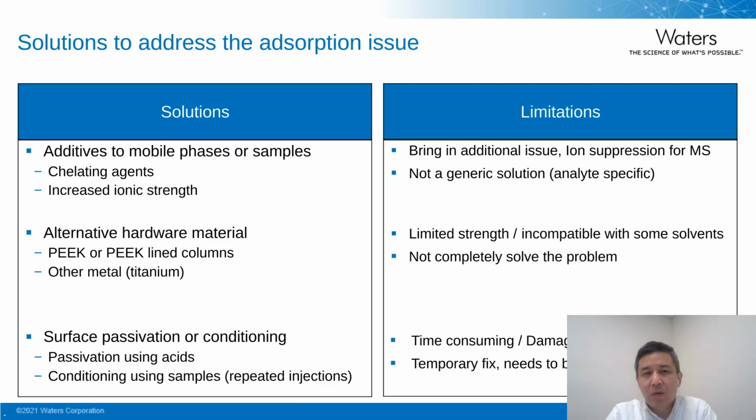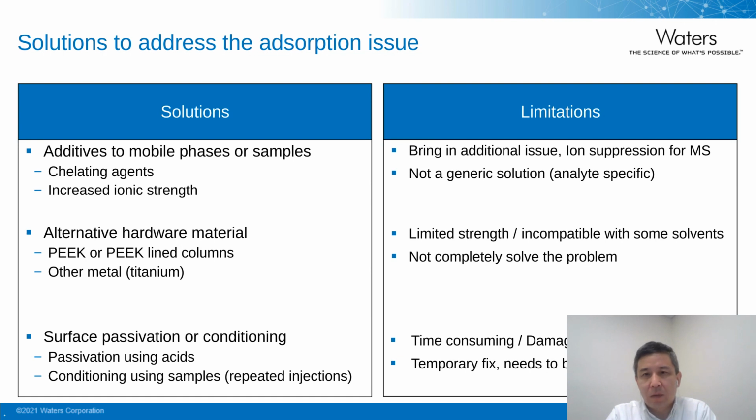There are several solutions that people can choose to address the adsorption issue in LC. One is to add additives to the mobile phase or samples. For example, people often use TFA in the mobile phase to reduce the adsorption problem.